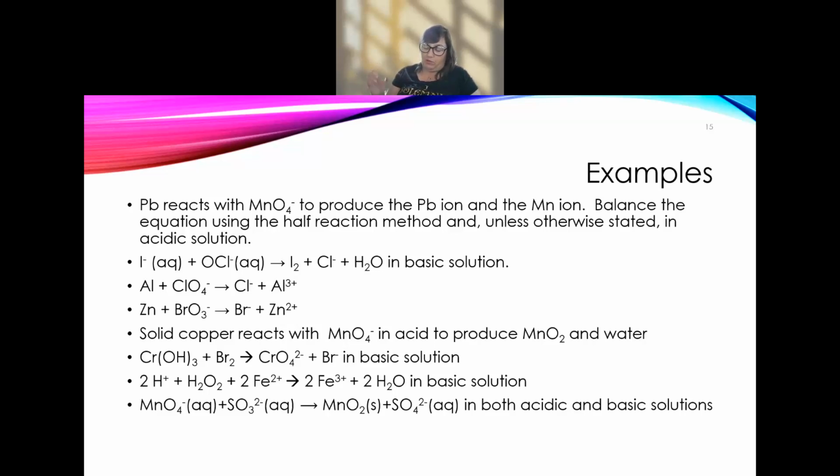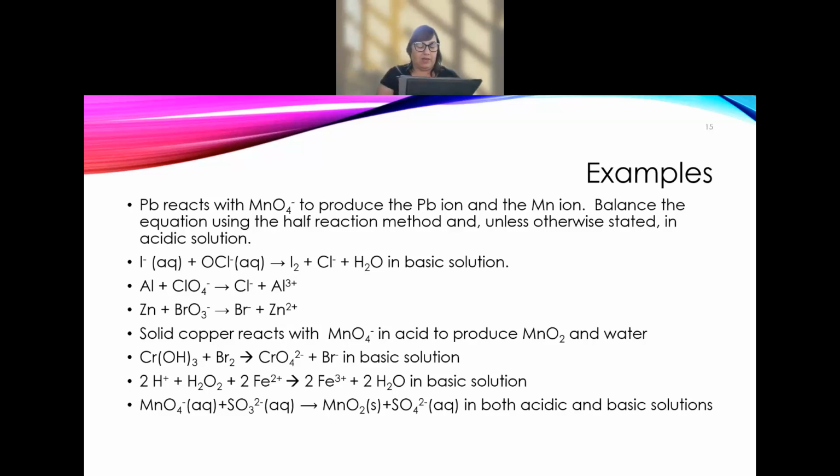Since there are 2 electrons in the Br and 3 in the chromium, we have to cross multiply. That gives me 2 Cr(OH)3 plus 2 H2O goes to 2 CrO4 2- plus 10H+ plus 6 electrons. We then have 3 times the bromine, 3 Br2 plus 6 electrons goes to 6 Br-.